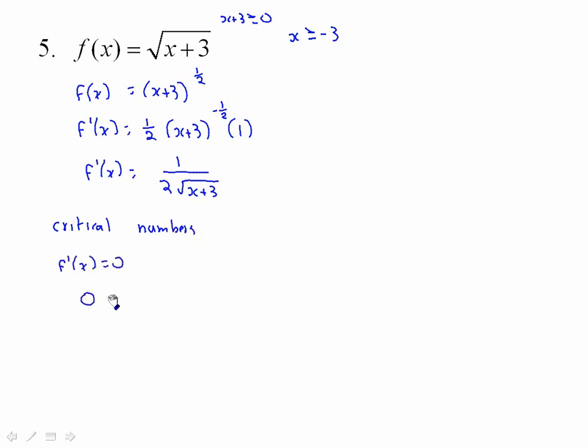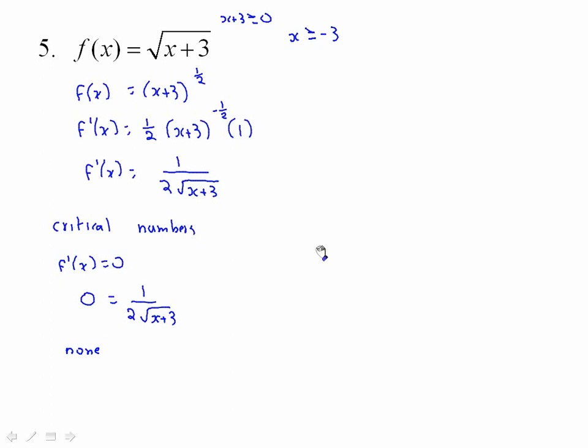So 0 is equal to 1 over 2 root x plus 3. There are none. The critical number for this one, you're not going to get, this cannot be equal to 0 based on that number on top.